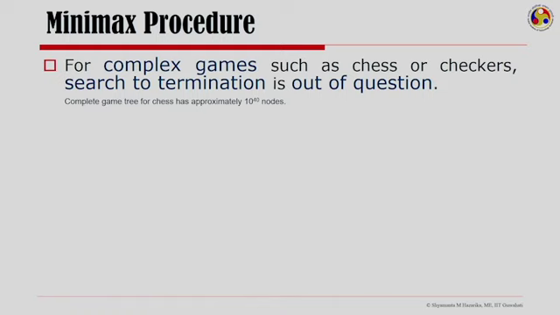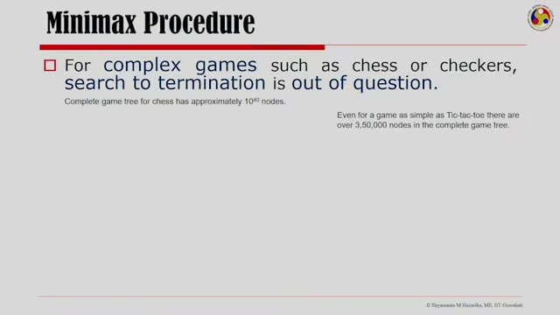The complete game of chess has approximately 10 to the power 40 nodes. Even a simple game like tic-tac-toe has 350,000 nodes in the complete game tree. Therefore, the question is how we can get to a good first move.